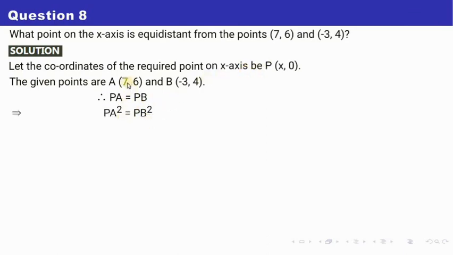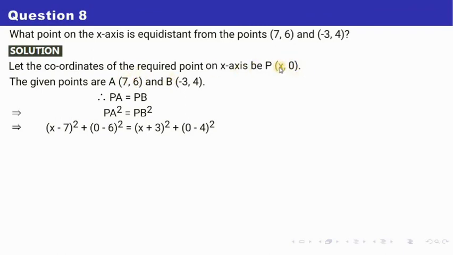Call this as x1 y1, call this as x2 y2, and put distance formula. So, x2 minus x1, or here you can call, as I said earlier, you can call this x1 y1, you can call this x2 y2, it is your choice. In this problem I have taken this as x2 y2, this as x1 y1.